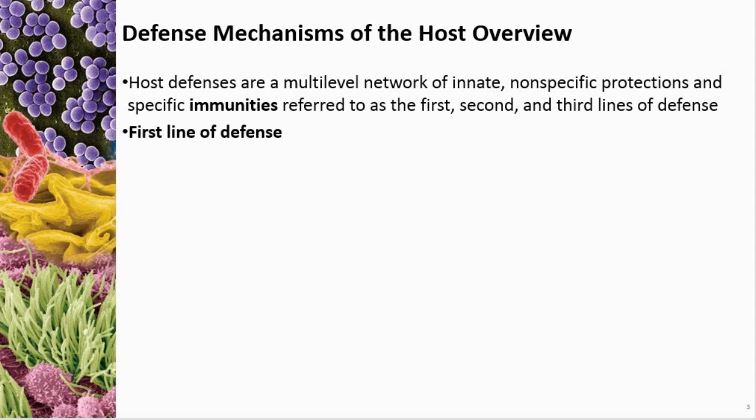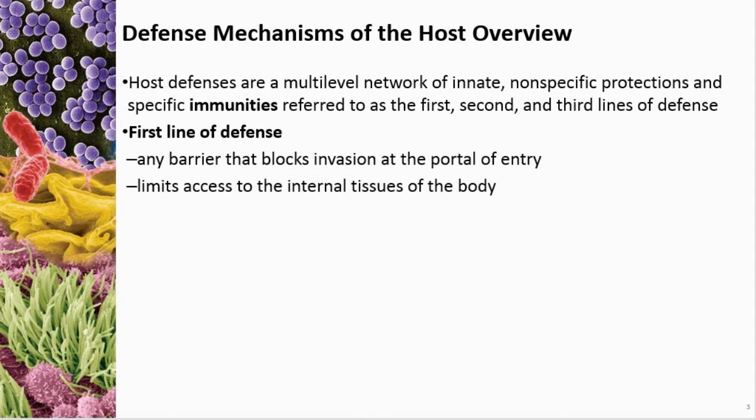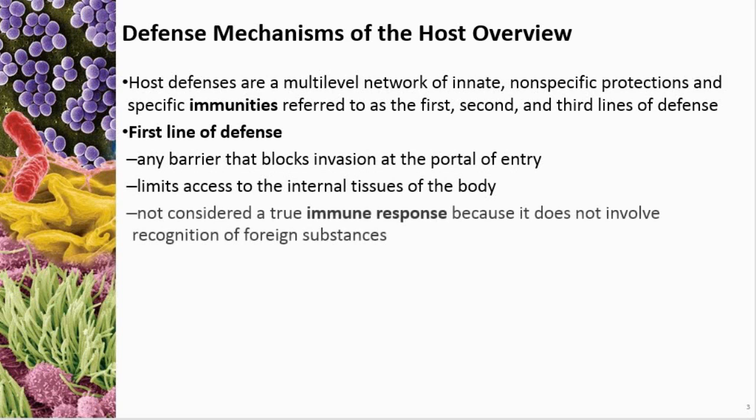So the first line of defense is any barrier that keeps things out of the body. Some of these are obvious barriers, like your skin. That's considered a first line of defense. But some of them are not quite so obvious, and we'll go through a whole list of what those are. They just limit the access to getting inside of your body.